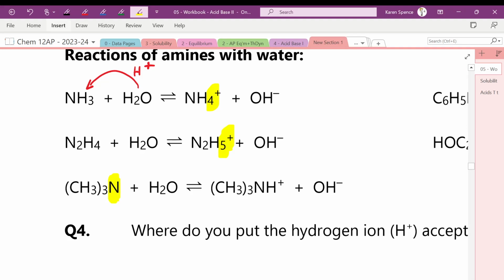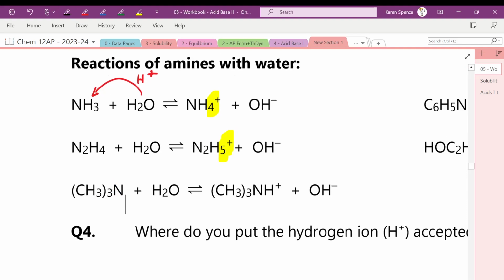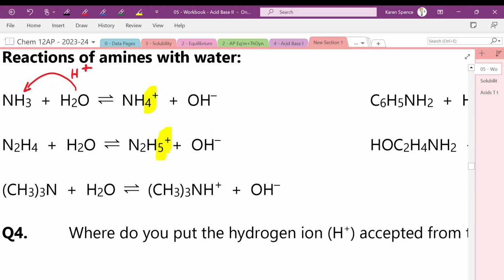Tertiary amine. And it's got a lone pair hanging out there, and so an H+ can come along and jam itself on there. The H+ would be like, I will share that with you. Thank you. So it's that lone pair on the nitrogen that accepts the H+.